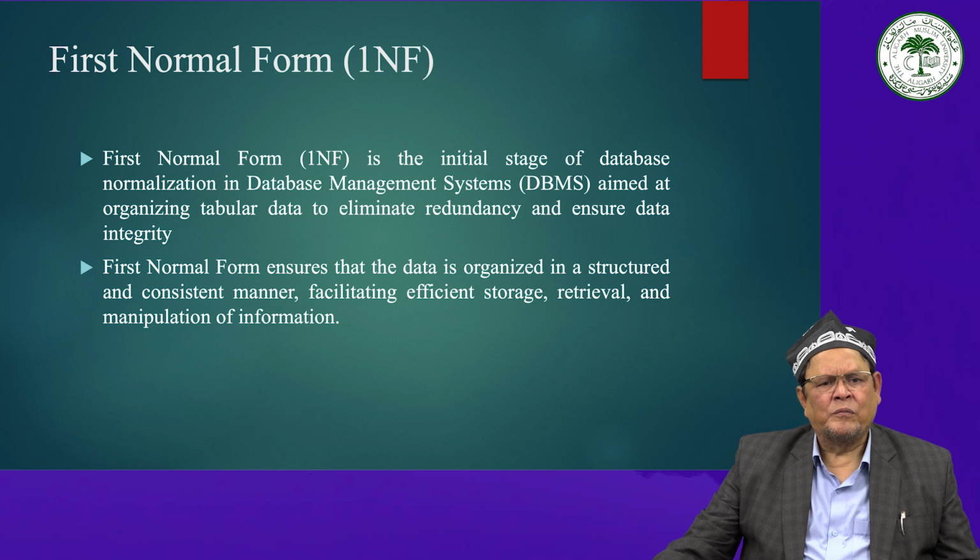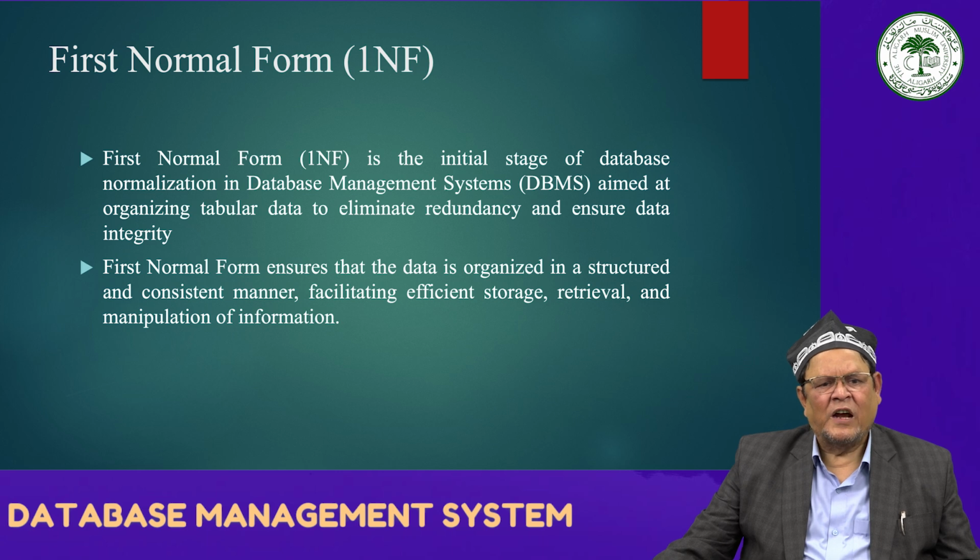First normal form. First normal form is the initial stage of data normalization in database management systems, aimed at organizing tabular data to eliminate redundancy and ensure data integrity. In first normal form, each table in the database must meet the following criteria.